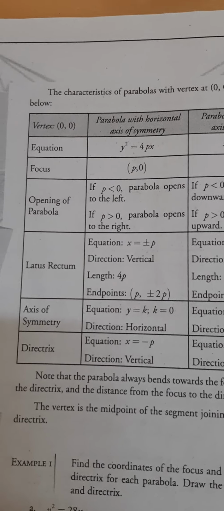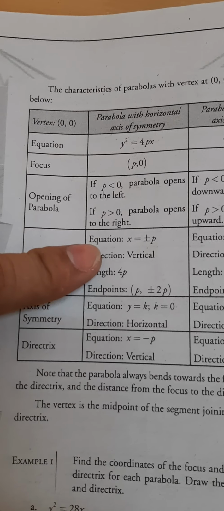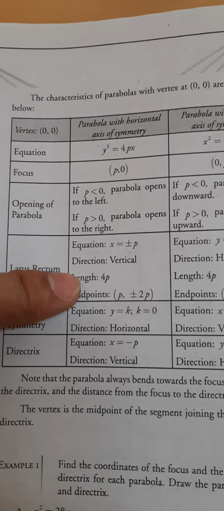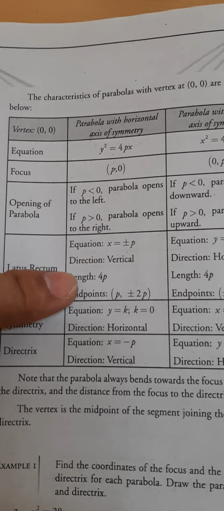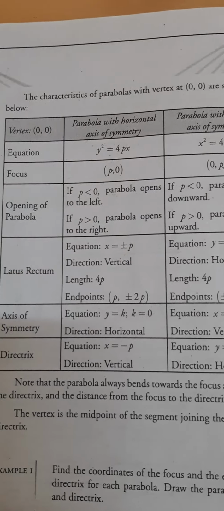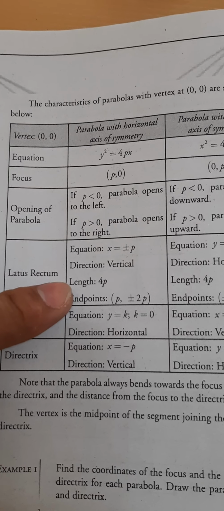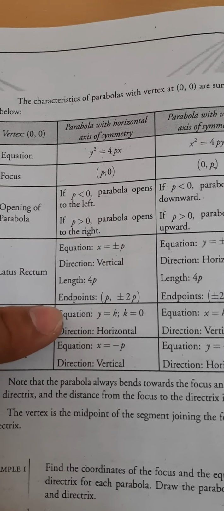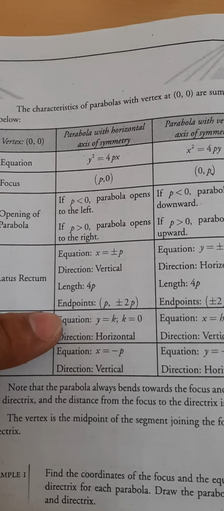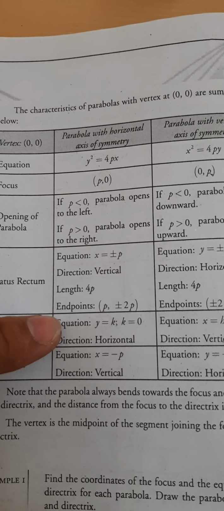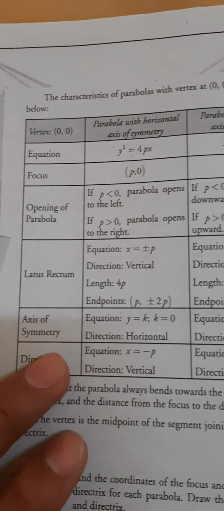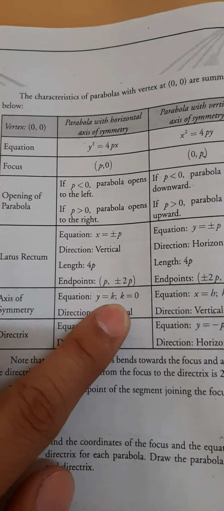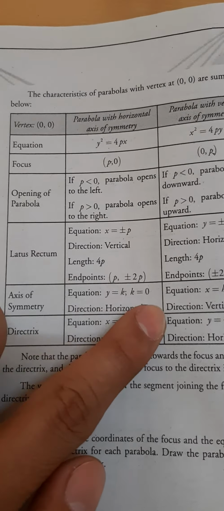Next, for the latus rectum, the equation is x equals p, direction vertical. So, vertical siya, patayo. The length of the latus rectum is 4p. The endpoints are the ordered pairs (p, 2p) and (p, -2p). And for the axis of symmetry, we have the equation y equals k, where k is equal to 0.